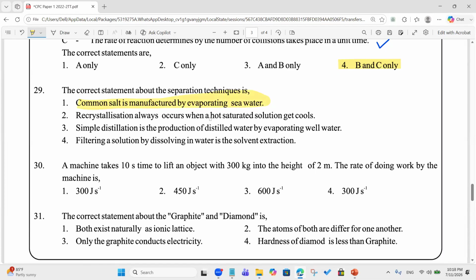Recrystallization always occurs when a hot saturated solution gets cooled. Recrystallization means first we have to dissolve it, and then we have to cool it, no? But always when a hot solution is getting cold, we can't say it is recrystallizing. Simple distillation is the production of distilled water by evaporating well water. What do you think about this? This is wrong.